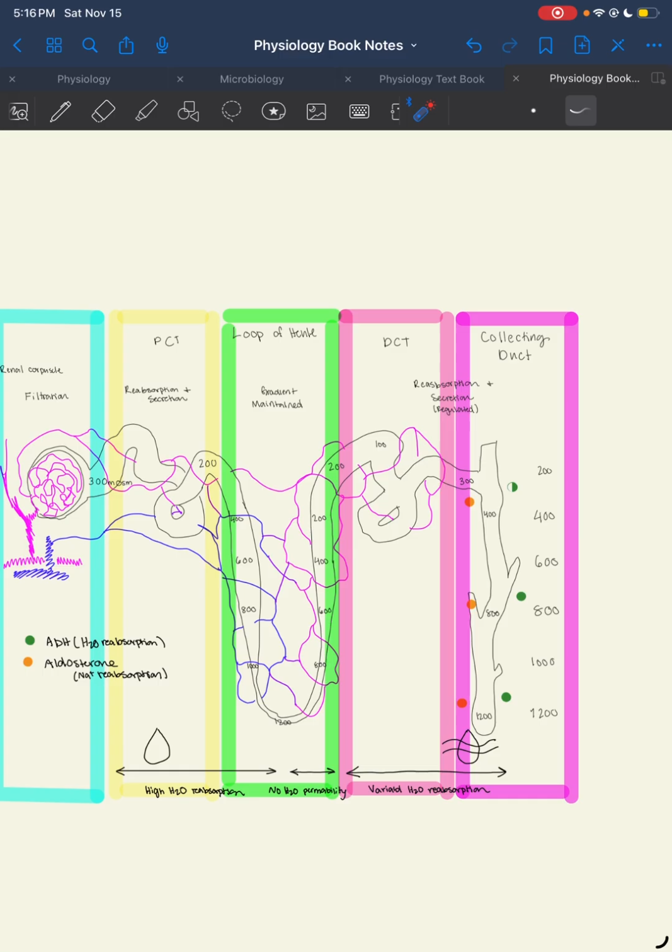The ascending limb is impermeable to water and actively pumps sodium, potassium, and chloride. It dilutes its filtrate and increases the osmolarity of the medulla. Together, these processes create a gradient.